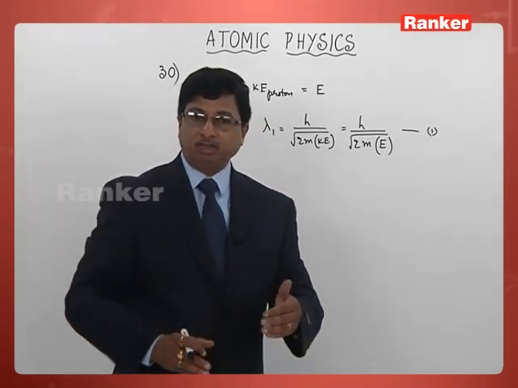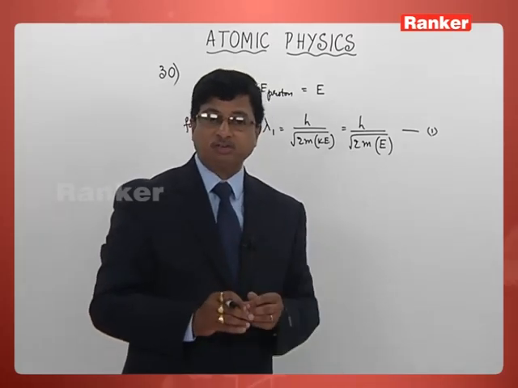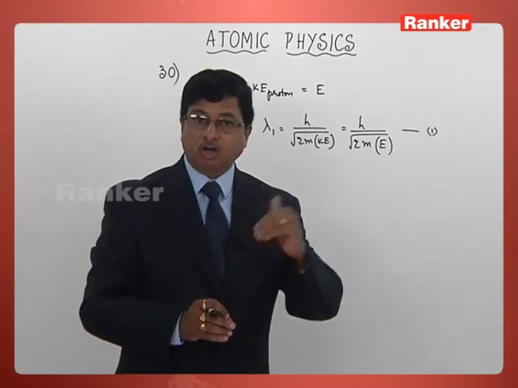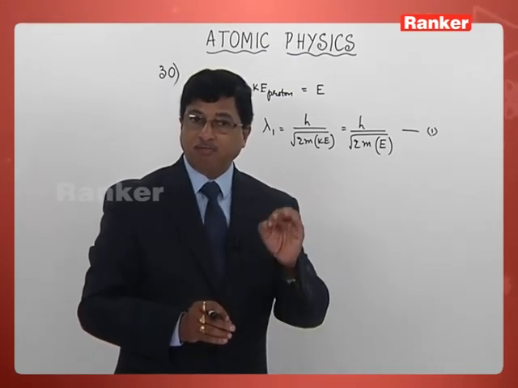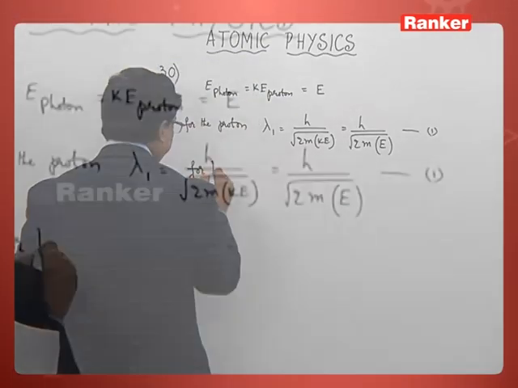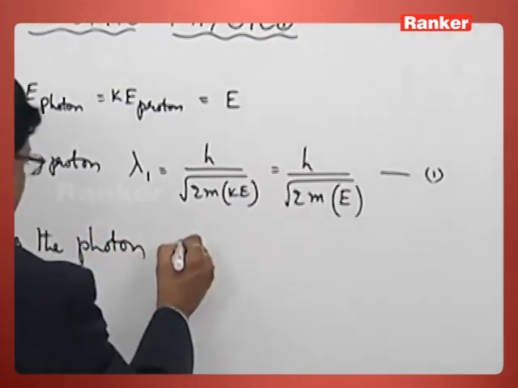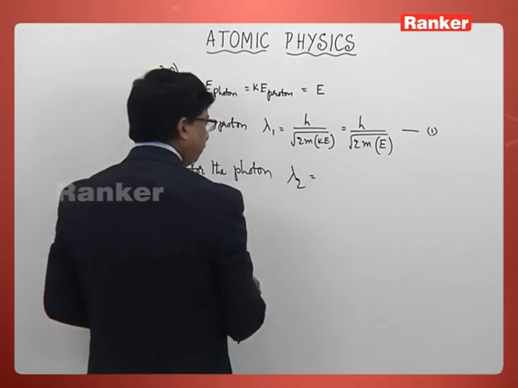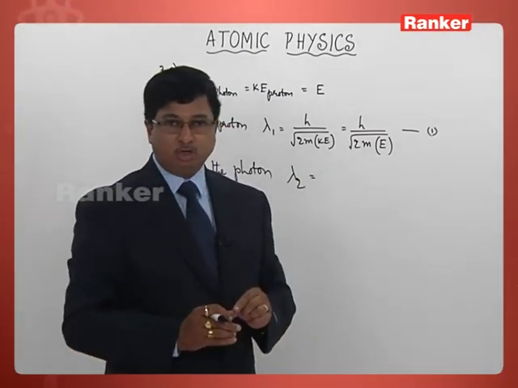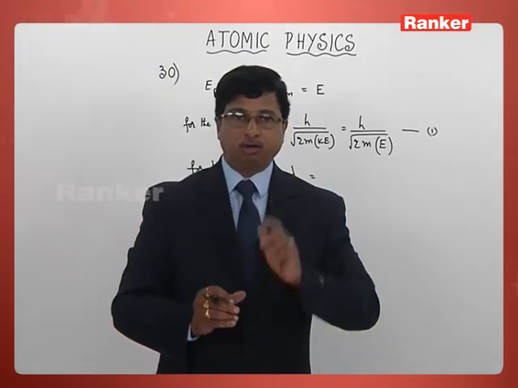Now come to the other one, that is a photon, which is having wave nature. So what next he is talking? Lambda 2 be the wavelength of the photon. So for the photon, you can write now lambda 2 is equal to, in fact you know very well, energy is equal to h nu. There is a formula for photon.